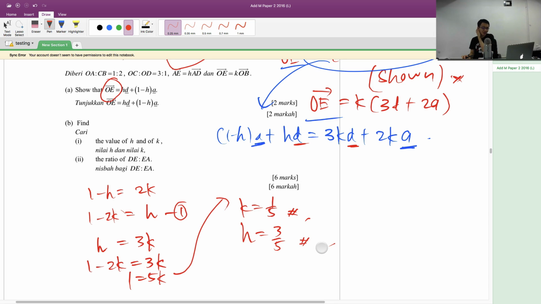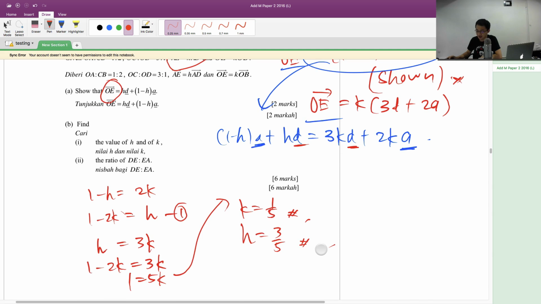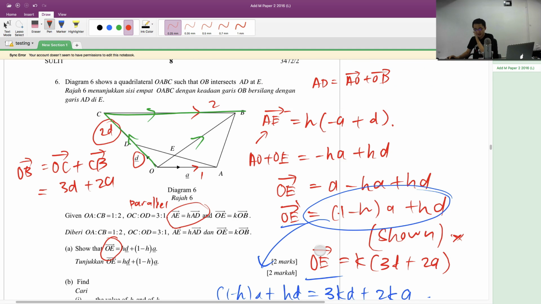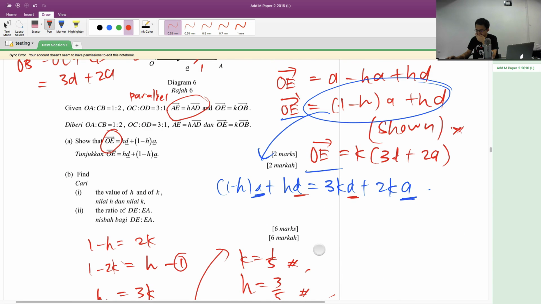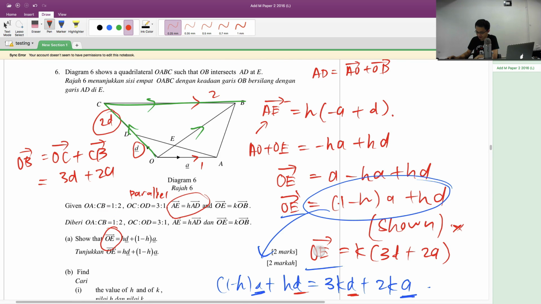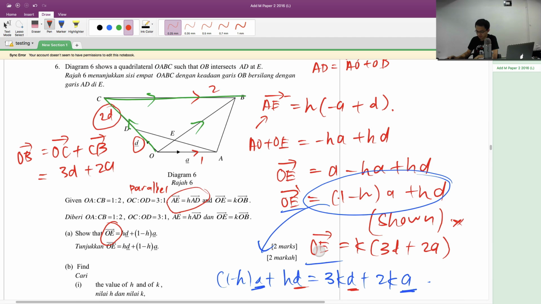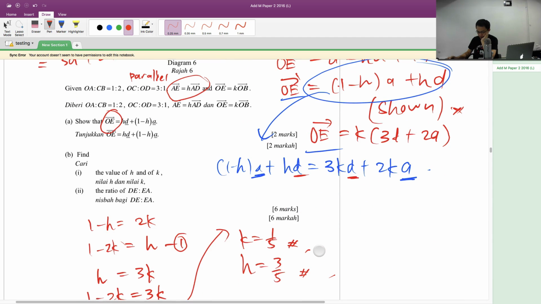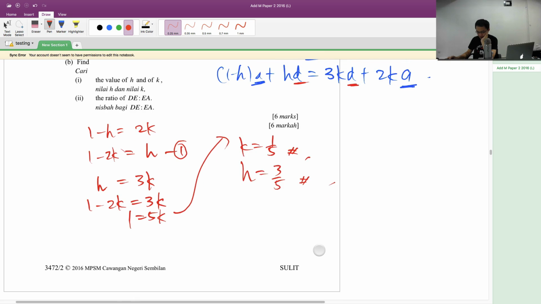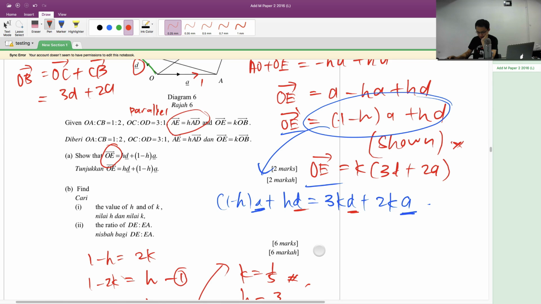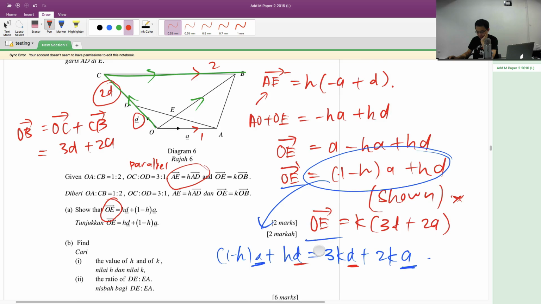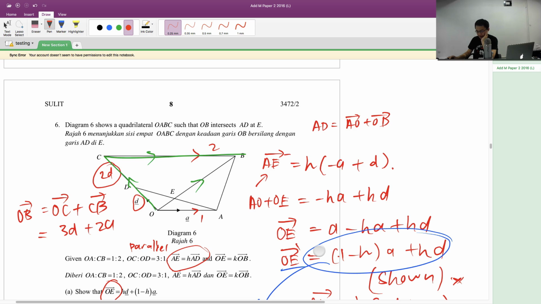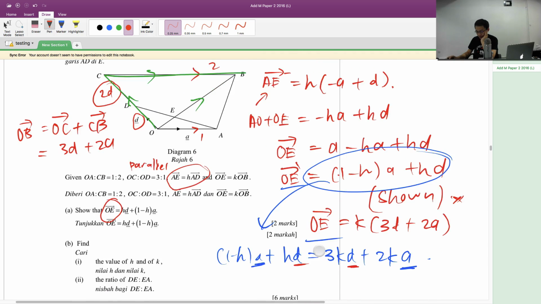Alright, then the question asks you to do the ratio for DE and EA. DE ratio EA.